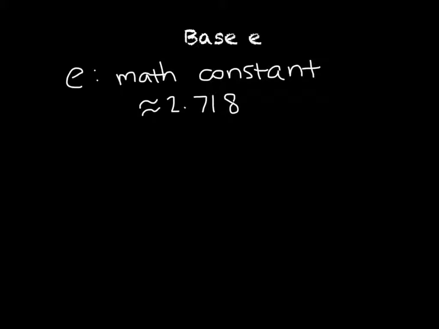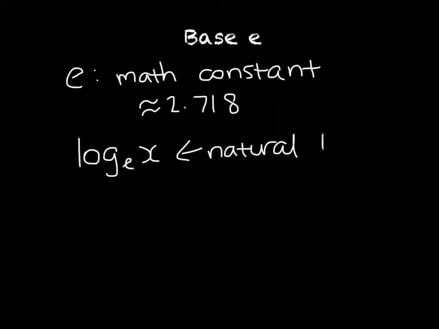E is very important because it shows up a lot in nature, and we end up seeing it in many equations. So the log base e of a number x is termed the natural logarithm, and it's also written as the ln of x. So these two expressions mean the exact same thing.